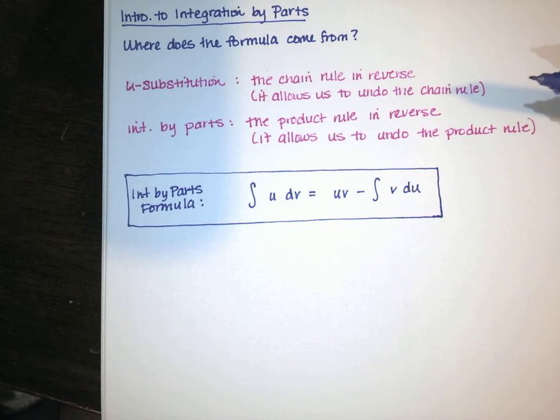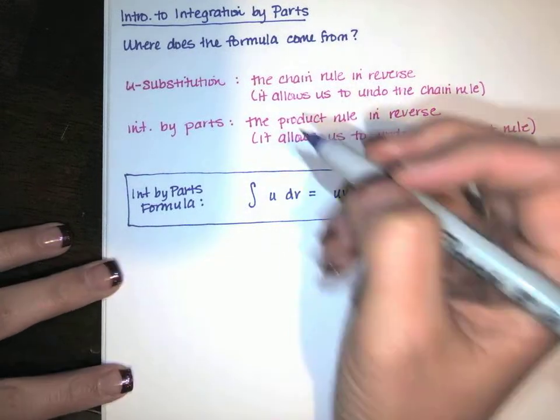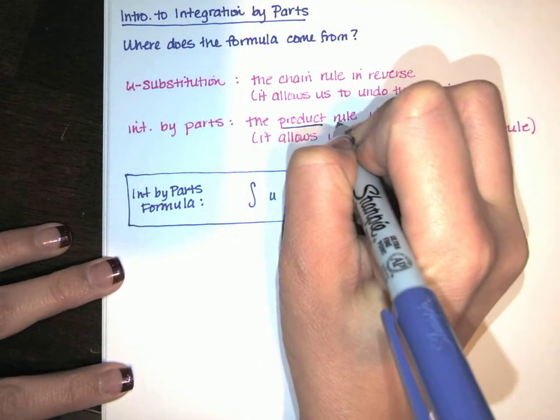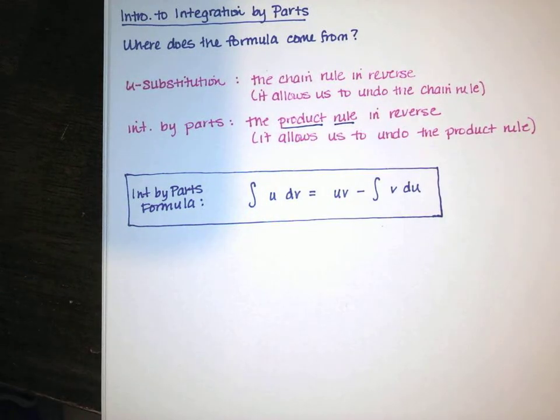Integration by parts is similar, except it's not the chain rule in reverse, it's the product rule in reverse. So it's going to allow us to undo the product rule. You might remember that the product rule resulted in 2 terms, and we'll review that in just a second. Integration by parts is going to allow us to take the antiderivative of one of those terms.